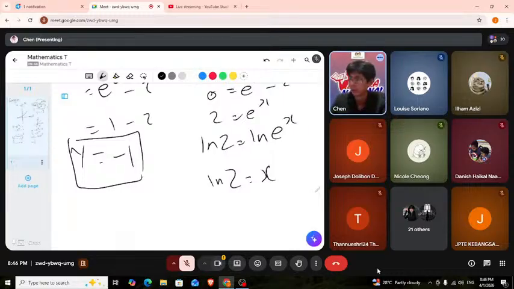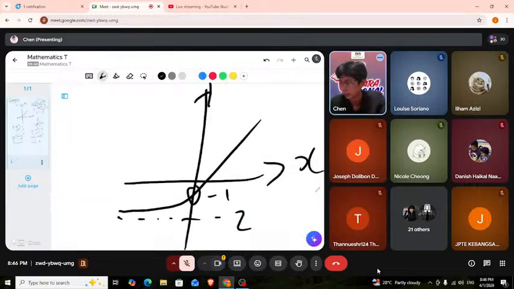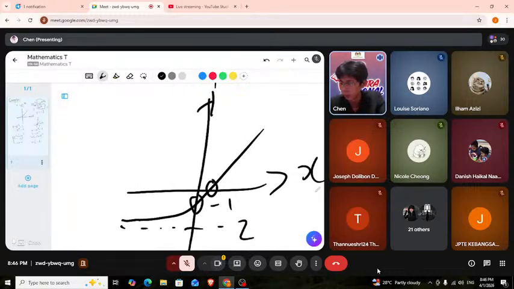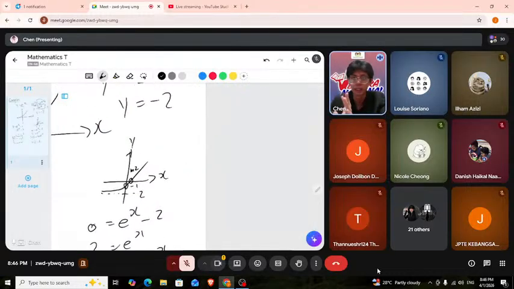All right. So right here, this would become ln 2, right? But in a calculator, it will probably show decimal points. Just take the decimal points only. Ideally you take four decimal points.